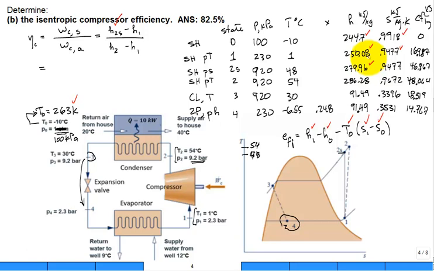I got too many red check marks, but it'll be 279.96 minus the enthalpy at state 1, 250.08, and then actual enthalpy at state 2, 286.28 minus the same enthalpy 1, 250.08, and we calculate the compressor isentropic efficiency comes in at 82.54%.